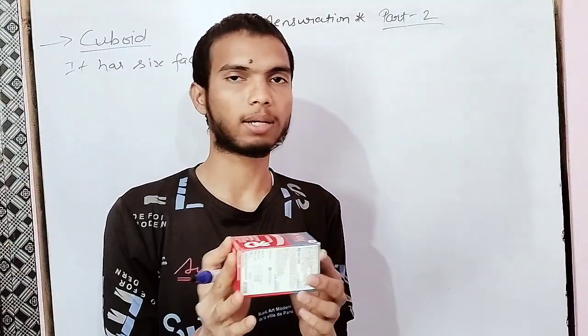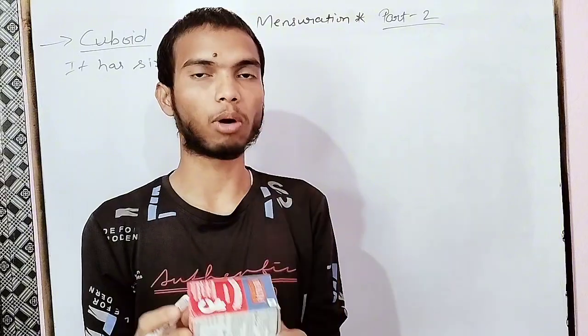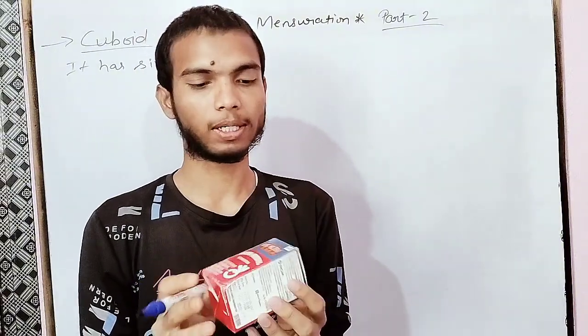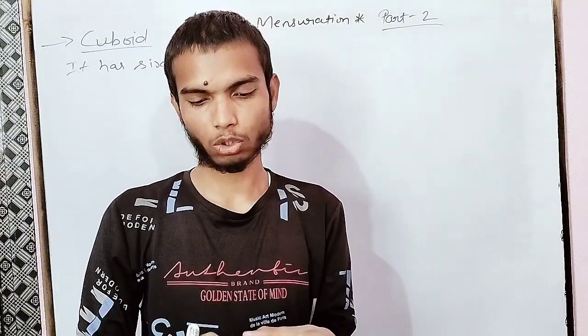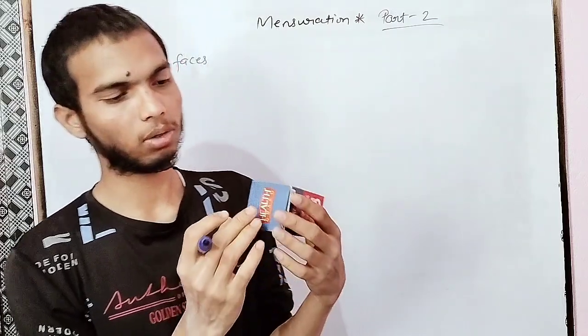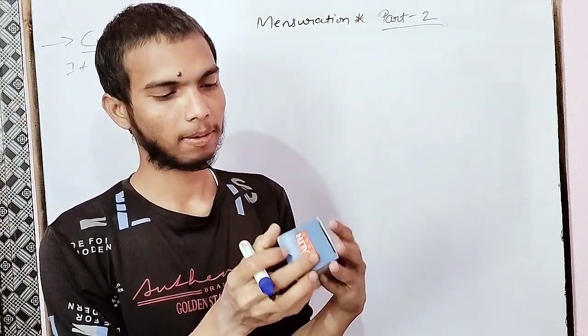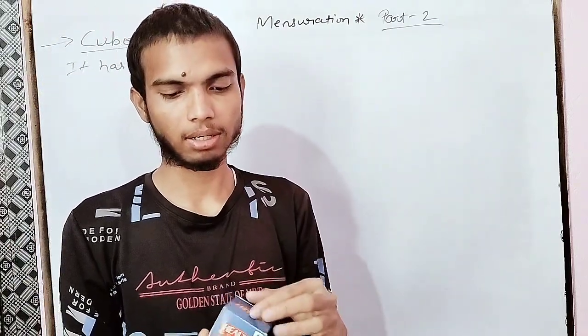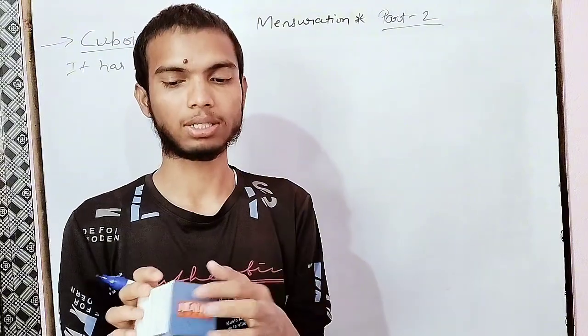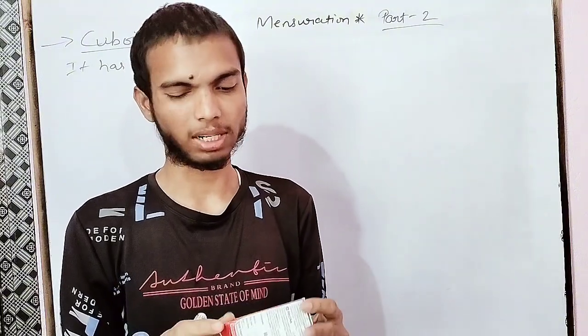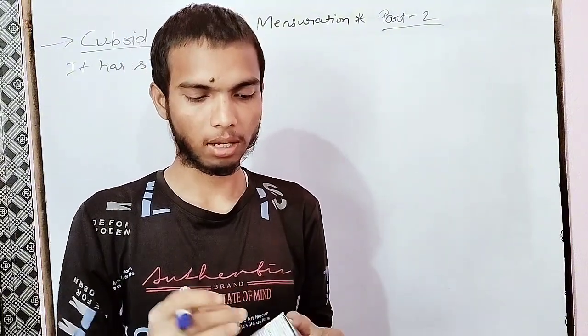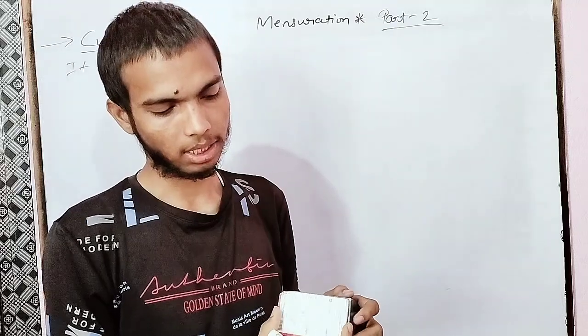This is an example of a cuboid. It looks like a square, but let's say this is the shape of a rectangle. Let's say this is a surface.